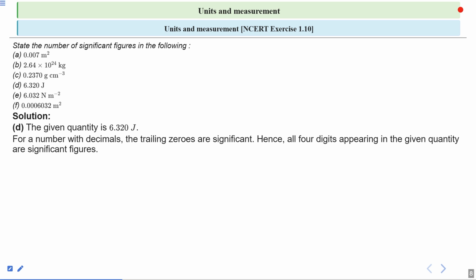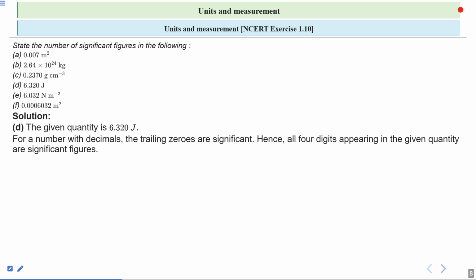You have to subtract it. Is it clear? The more zeros after a decimal point signify the precision of the measurement. Is it clear?